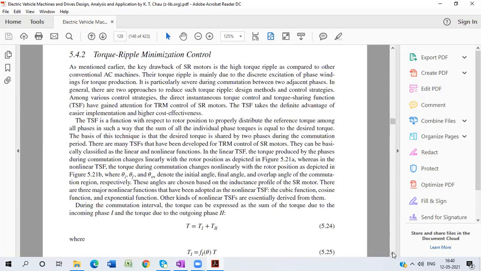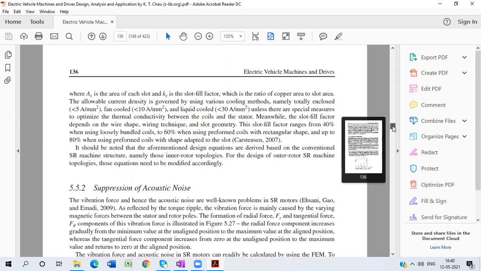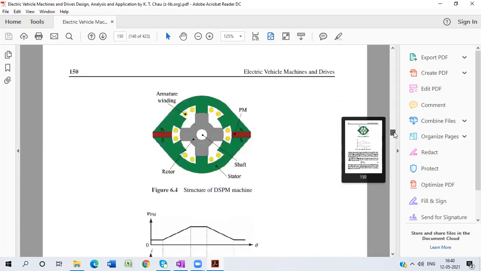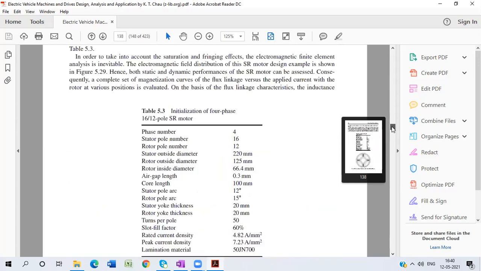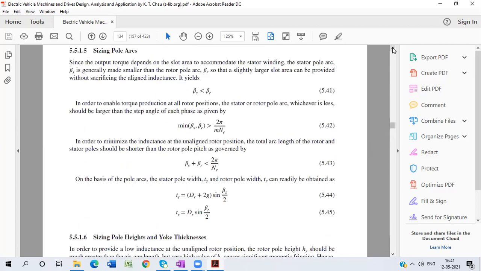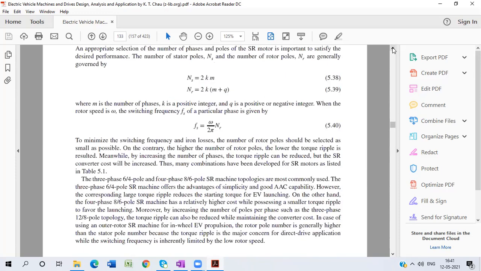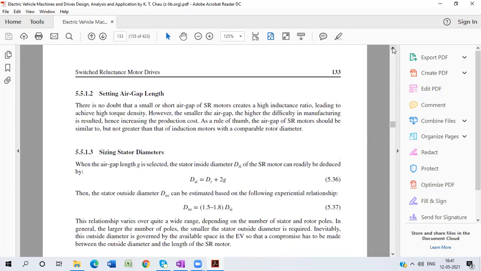Then we switched over directly to the design. The design parameters, whichever I have shown in the OneNote page, you have to do. I hope up to here it is clear to you. So here we are ending our session.